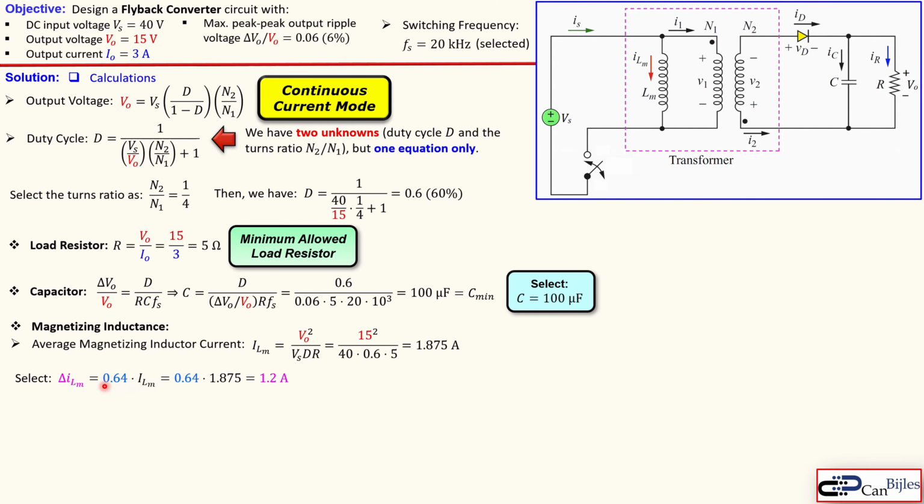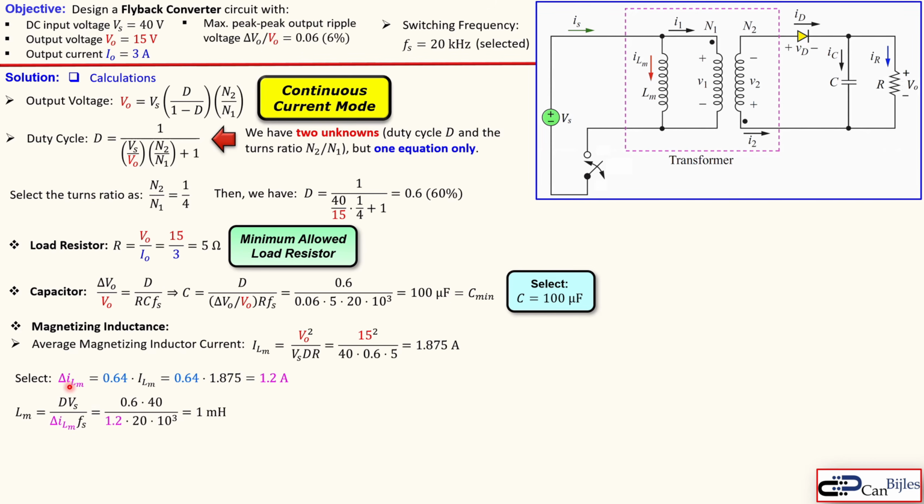So I take now 64%, this is really a random value, of that current, which results in 1.2 amps. You can of course go a little bit lower, maybe 0.2 or 0.5, depending on your application and the stress you want to put on your components.